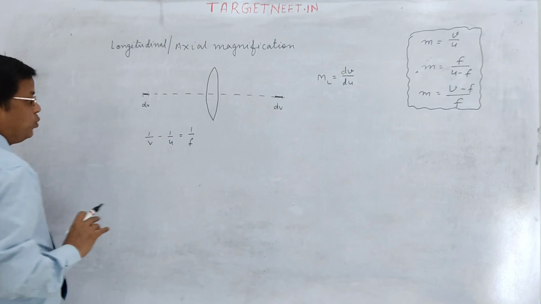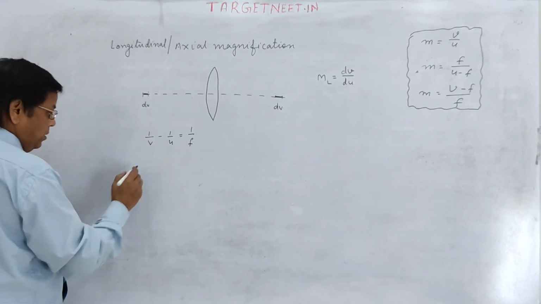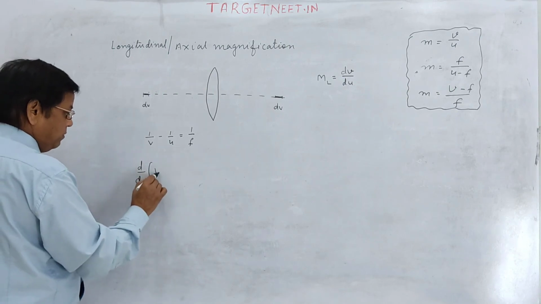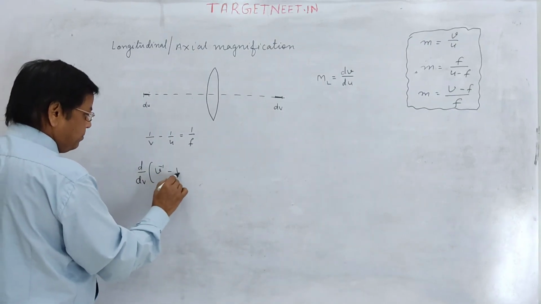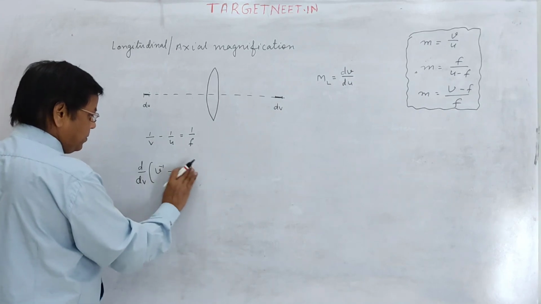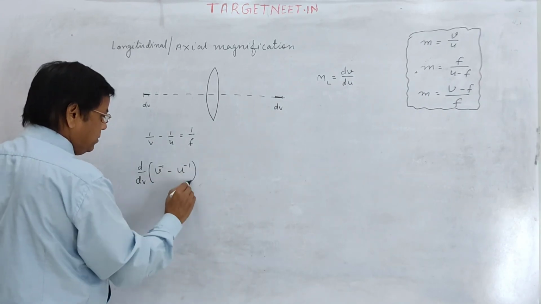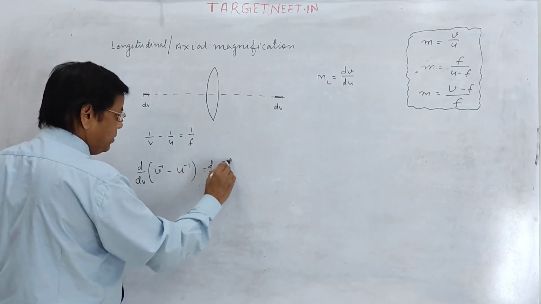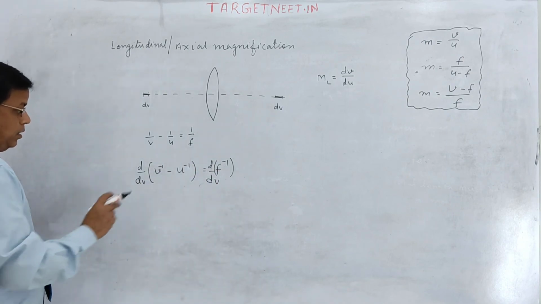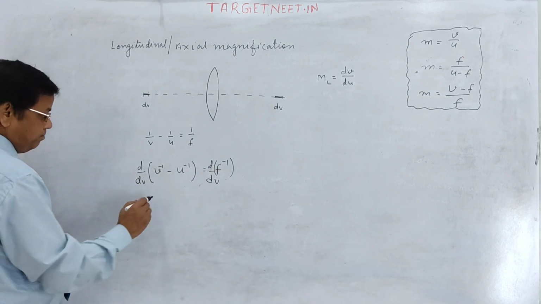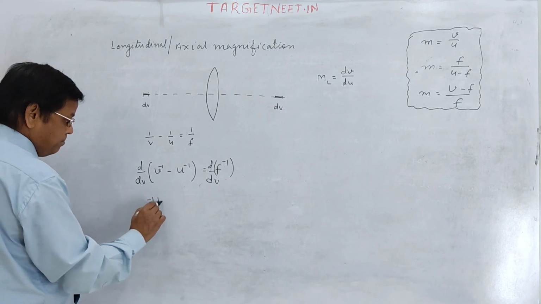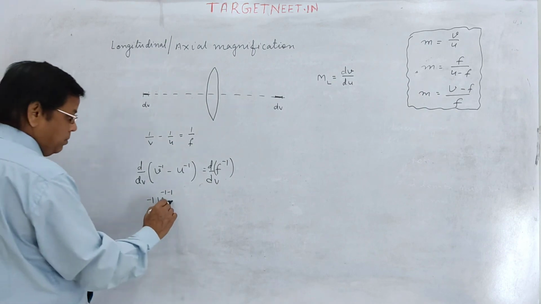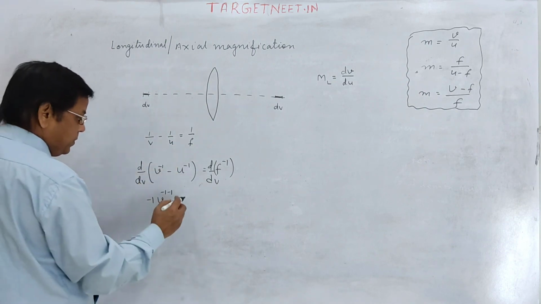If I differentiate this equation with respect to v, we can write d over dv of 1 upon v minus 1 upon u is equal to d over dv of 1 upon f. Now for the derivative, the power is multiplied, then subtract 1 from the power, minus again here.